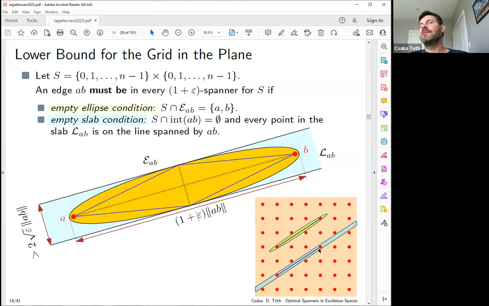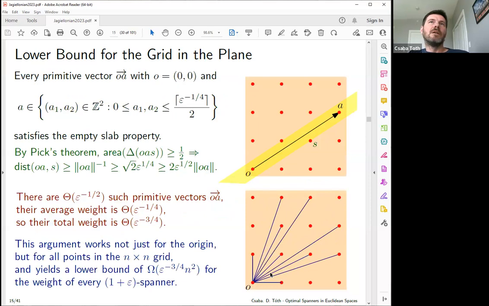A and B are, of course, in this slab, and because it's a grid, it's periodic, so all the repetitions are along the same line. But apart from this line, there shouldn't be any other points. Then the same condition holds: if the slab is empty apart from this line, then the 2 points must be connected.